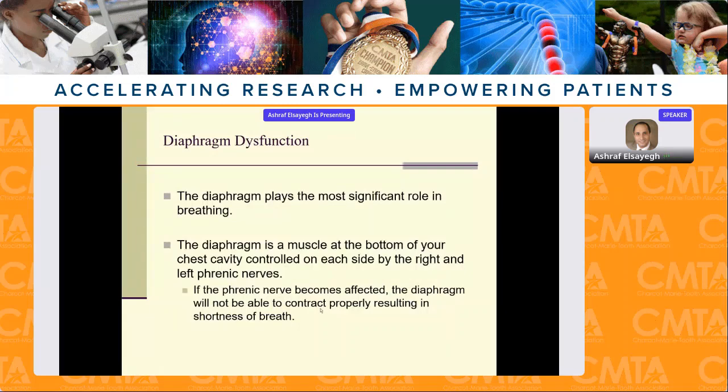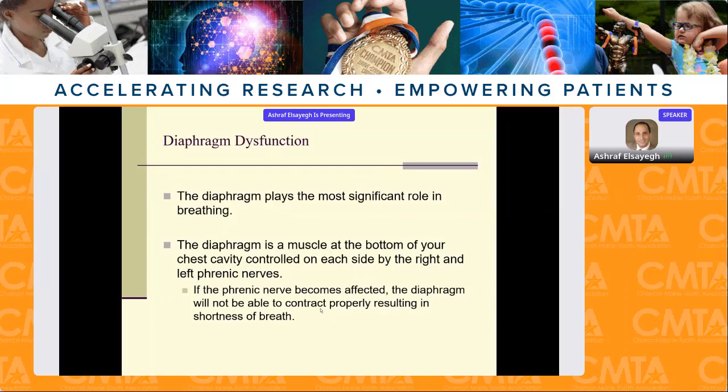There are multiple muscles involved in breathing, which are basically the neck muscles, your shoulders, the muscles between your ribs, and then the diaphragm. I think they all play a role together in combination, but we think that probably the diaphragm plays the biggest role in breathing.